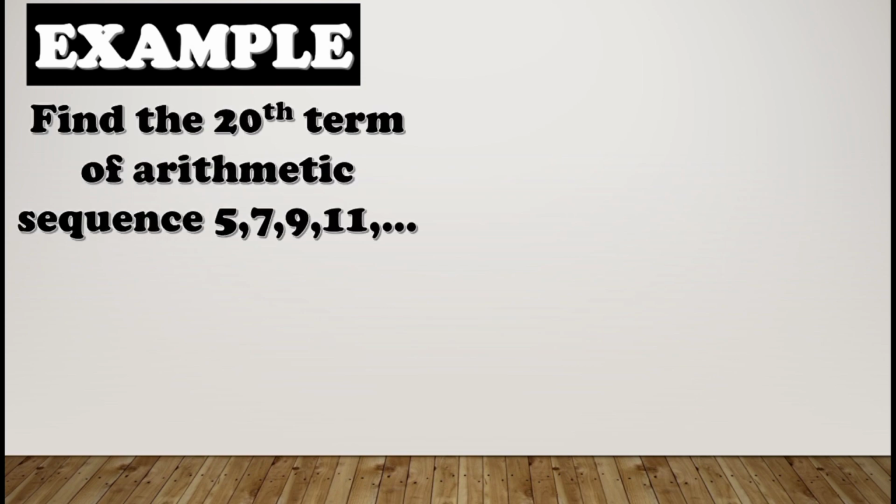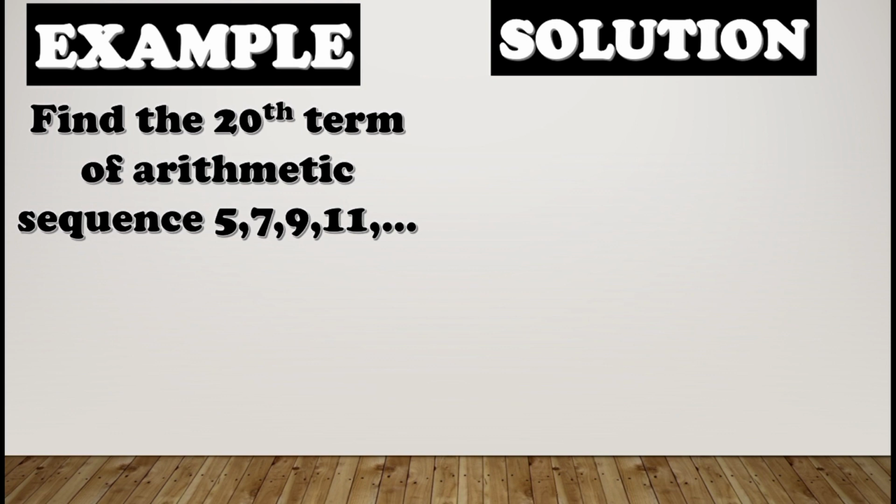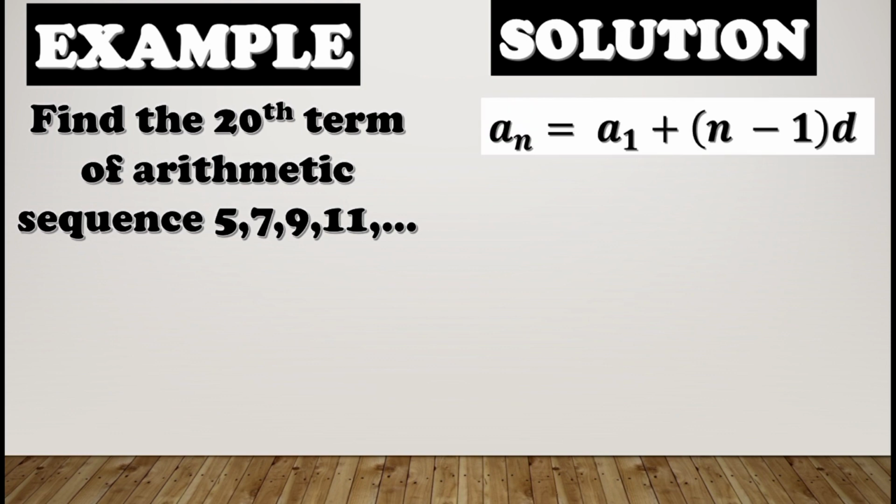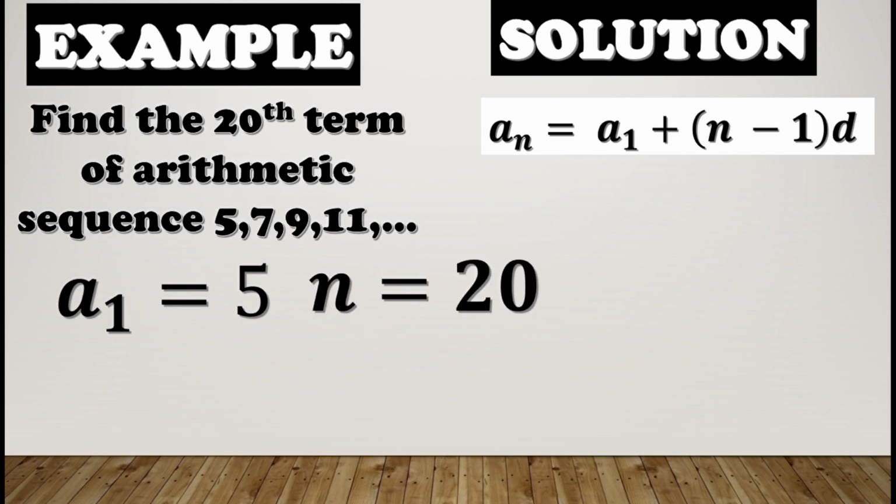Find the 20th term of arithmetic sequence 5, 7, 9, 11, and so on. So what would be our solution? Again, utilizing the formula for our arithmetic sequence, let us first identify our first term. In this example, first term is 5. The number of terms would be 20 because we are looking for the 20th term of our sequence.